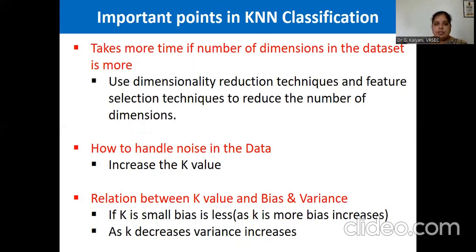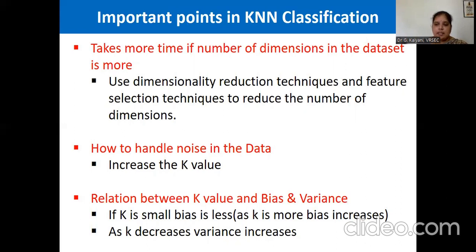And what is the relation between the value of k and bias and variance, which are the most important concepts in machine learning? If the value of k is small, the bias will be small; as k increases, the bias increases. If you recollect, bias is the difference between the actual value and the predicted label. So if k is small, bias is small. As k increases, bias also increases.